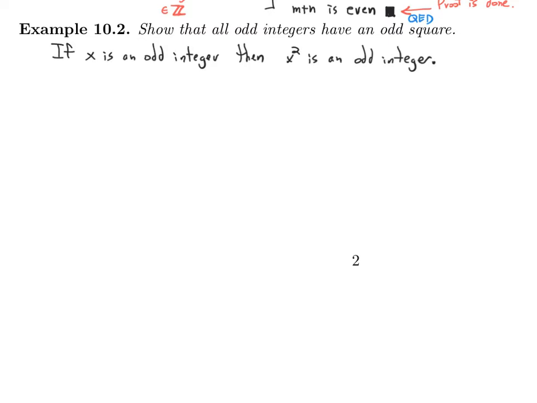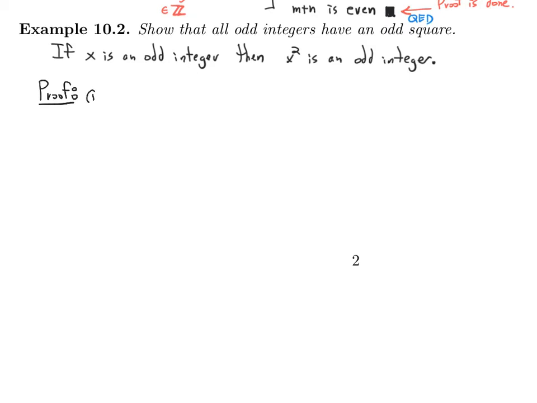So that's a reasonable way of writing this as a conditional statement. We know x, if we assume x is odd, then x squared is also odd. So that's what we want to prove. Okay, so hopefully you guys got something close to that. So let's do our proof.